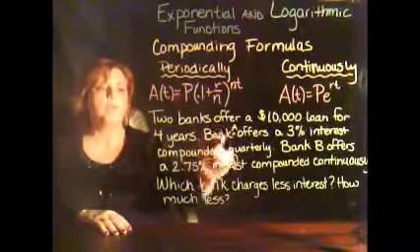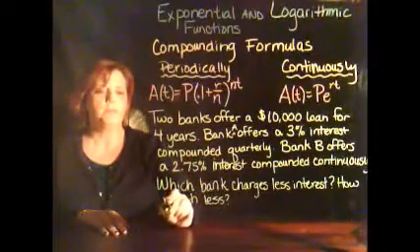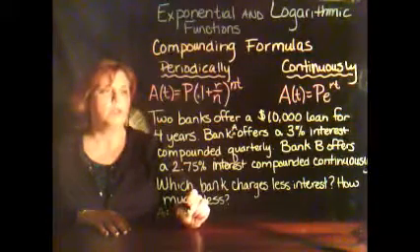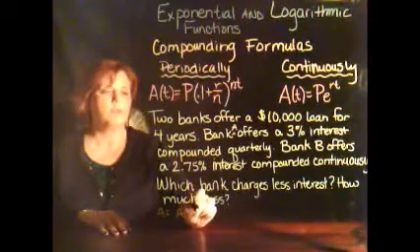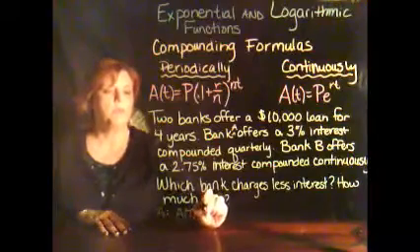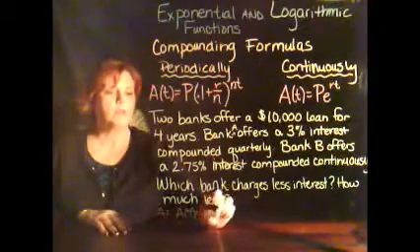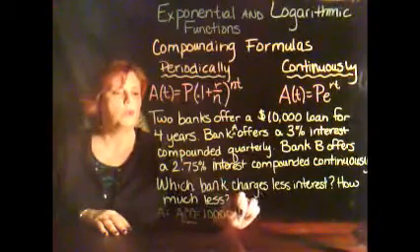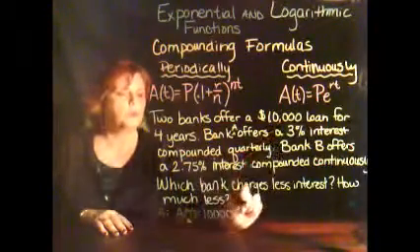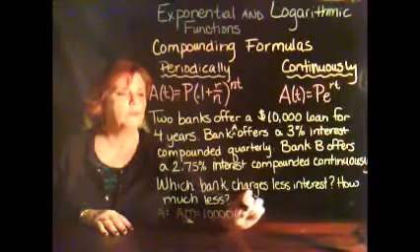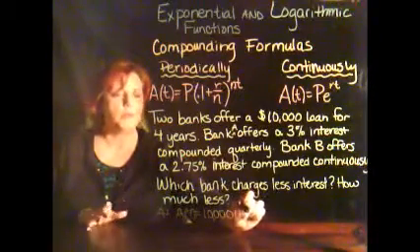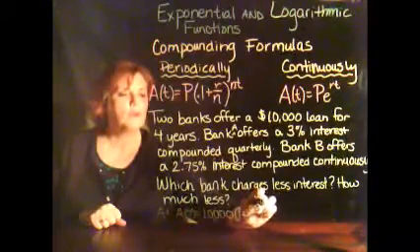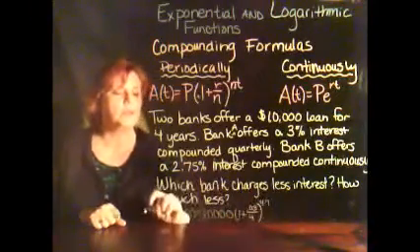So let's put the Bank A formula here. Our accrued over time, and our time is going to be 7 years, is going to be the principal, 10,000, times 1 plus our interest rate, which was 0.03, divided by the number of periods, which is 4, and we'll raise that to 4 times 7, or n times t.